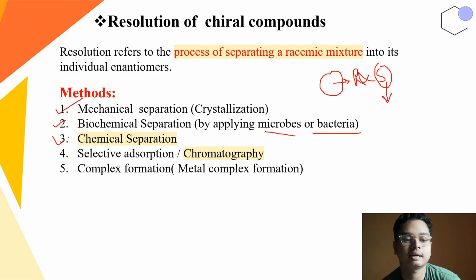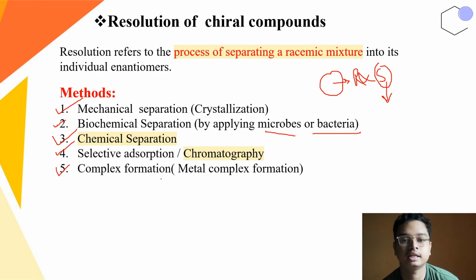Also, there is chemical separation, and we will discuss it in brief. The fourth is selective adsorption or chromatography. There is chiral chromatography, especially HPLC, and from there also we can determine or separate the chiral compound. And the final is complex formation.